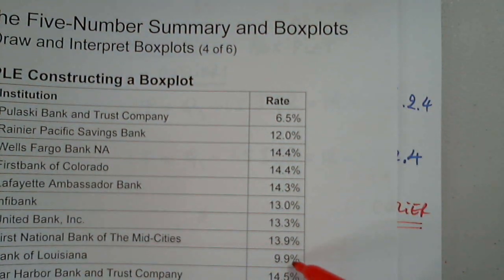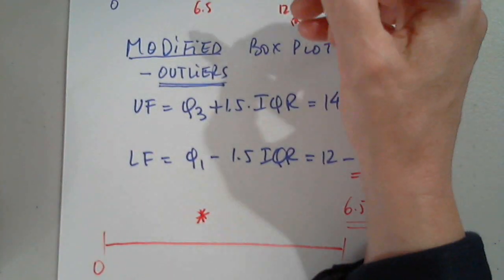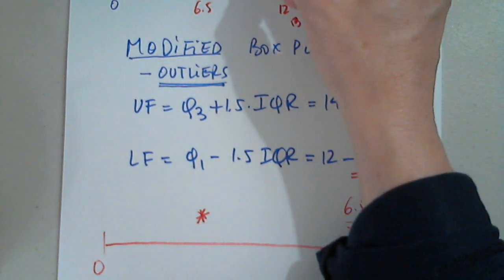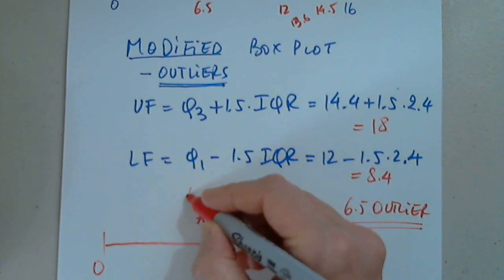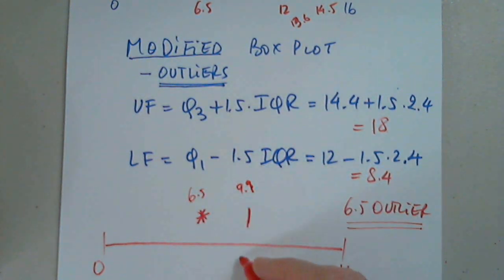The next one in line is 9.9. So 6, 8, 10, 9.9 will be right here. So this is 6.5, and here at 9.9, it becomes the minimum.